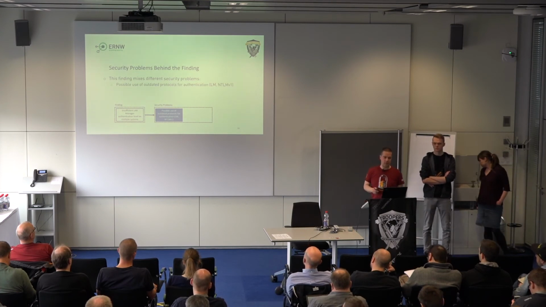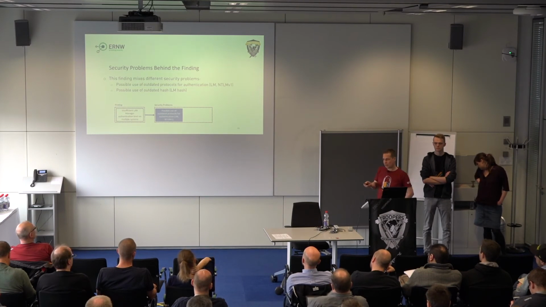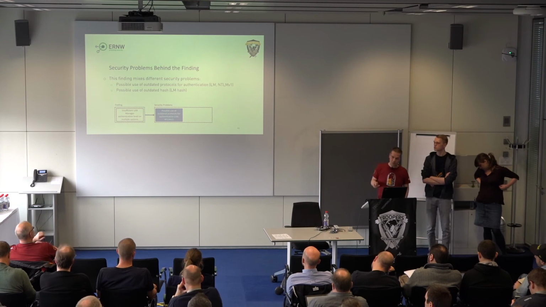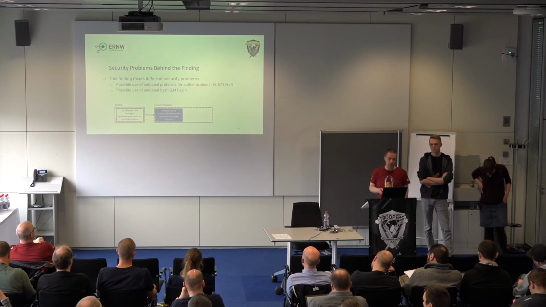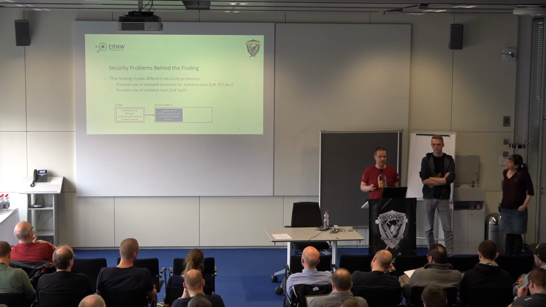But the connected second security problem is that outdated hashes, such as the LM hash, are in use. Because if you use the LM authentication protocol, the LM hash will be used, not NTLM v1 or v2. So we have two security problems behind this finding.